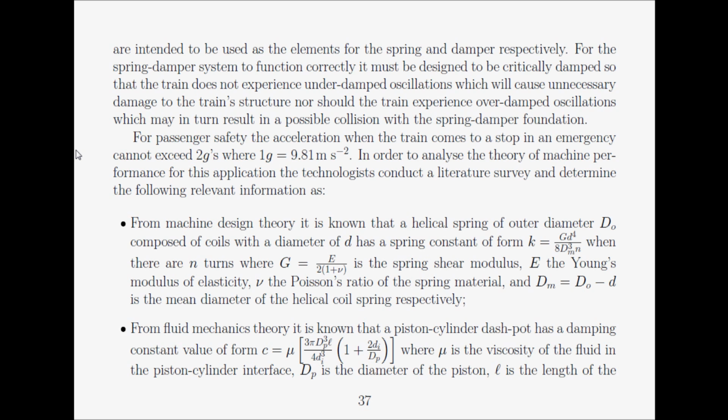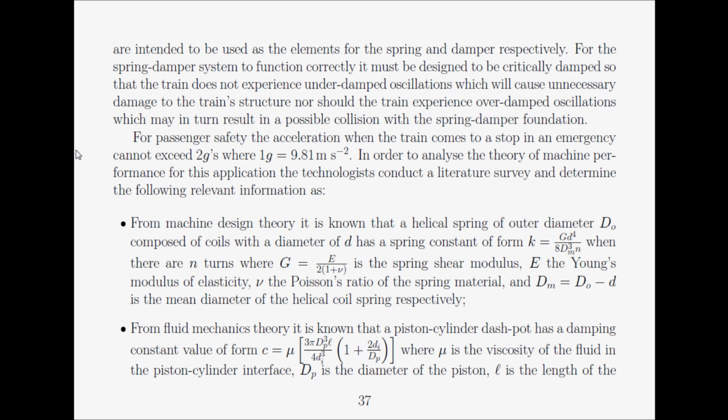In a similar way, using theory of fluid mechanics, mainly the Navier-Stokes equations, and lubrication theory, we can derive a formula for a damper. So a spring is basically a helical coil, and the helical coil gives a resisting motion when this helical coil is stretched or compressed, as the case may be.